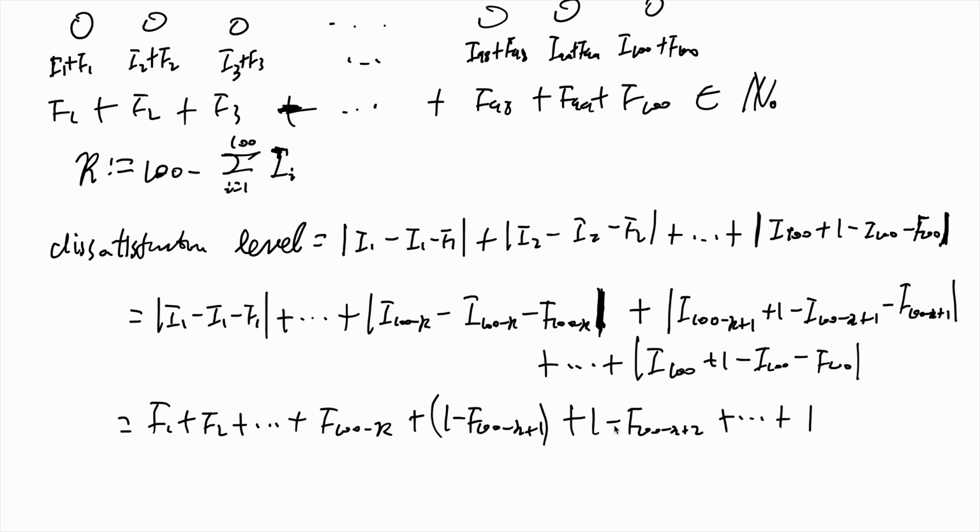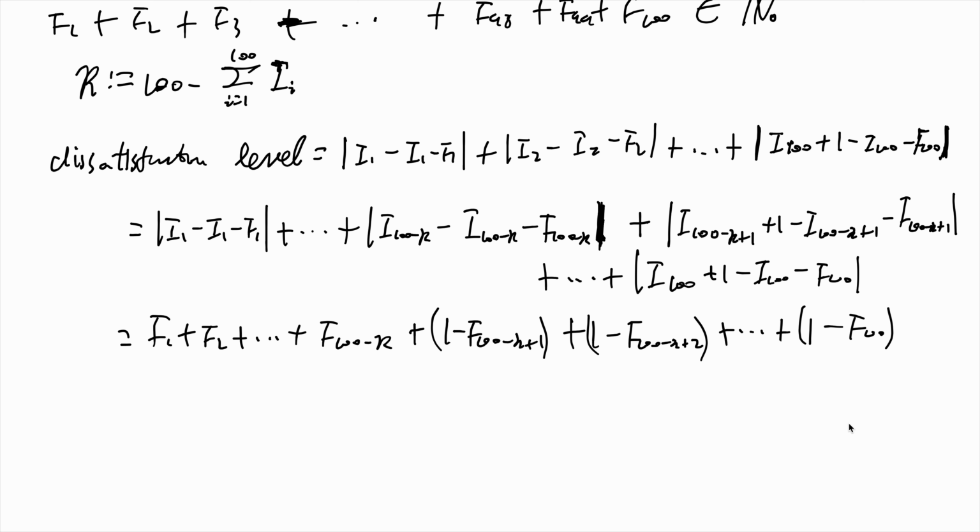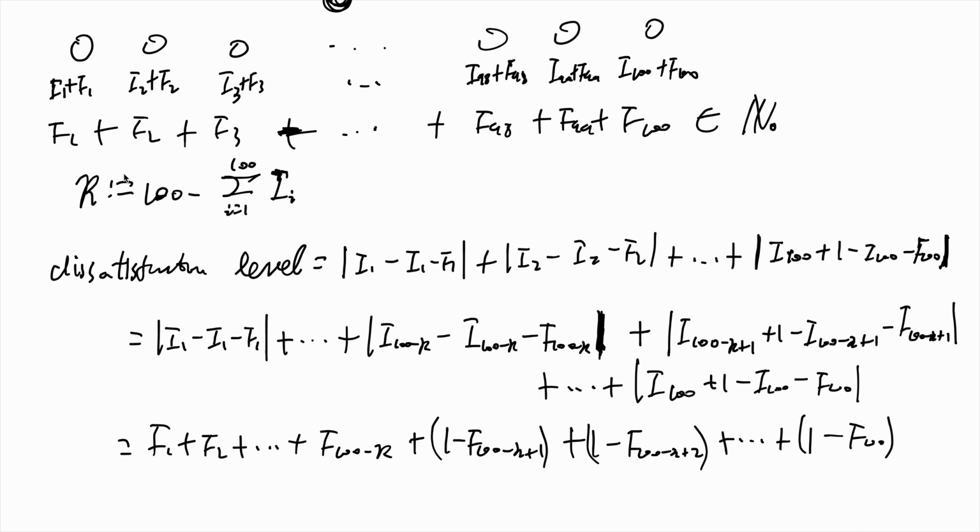I will just group them, minus f of 100. And there is a fun trick that we can do. We know that this thing is equal to r. And notice that we define r like this.